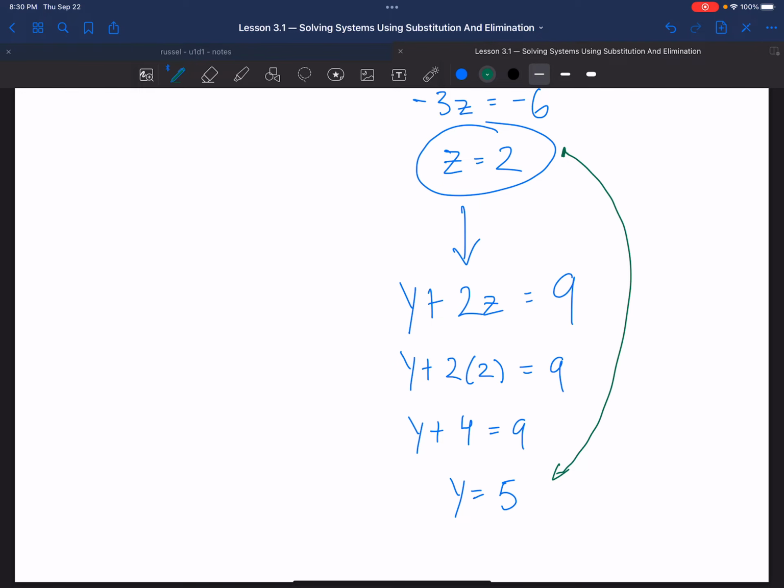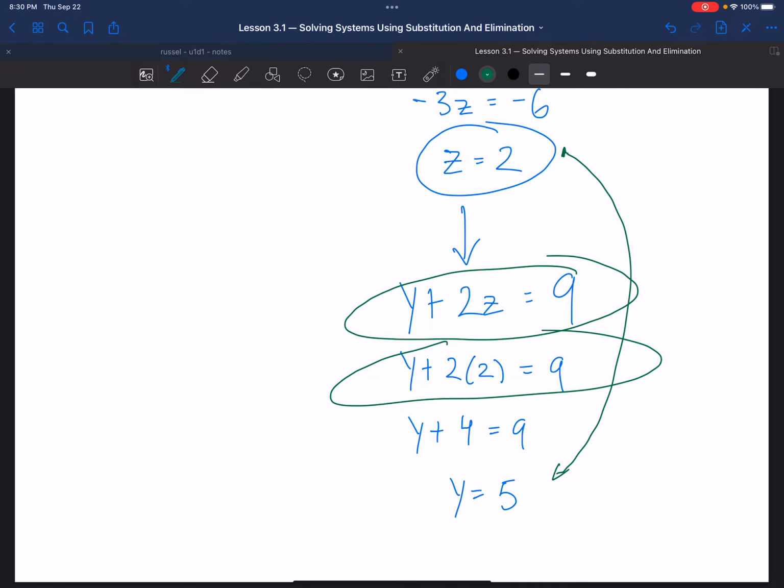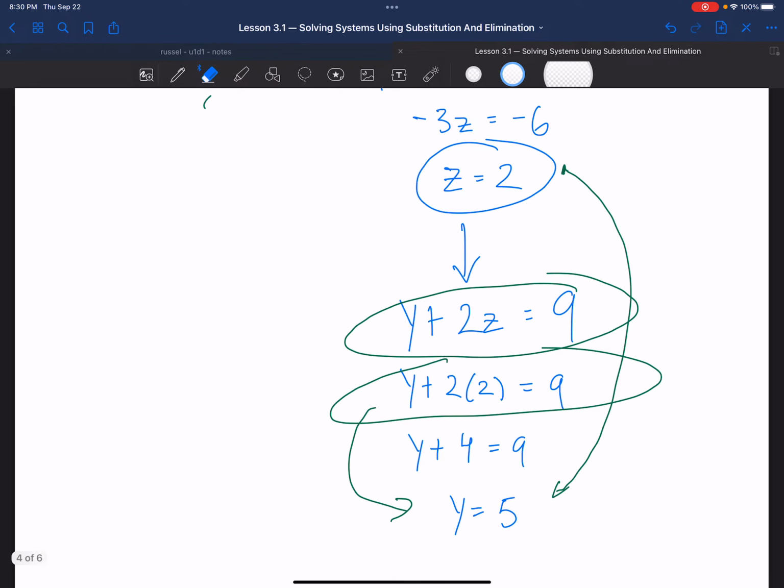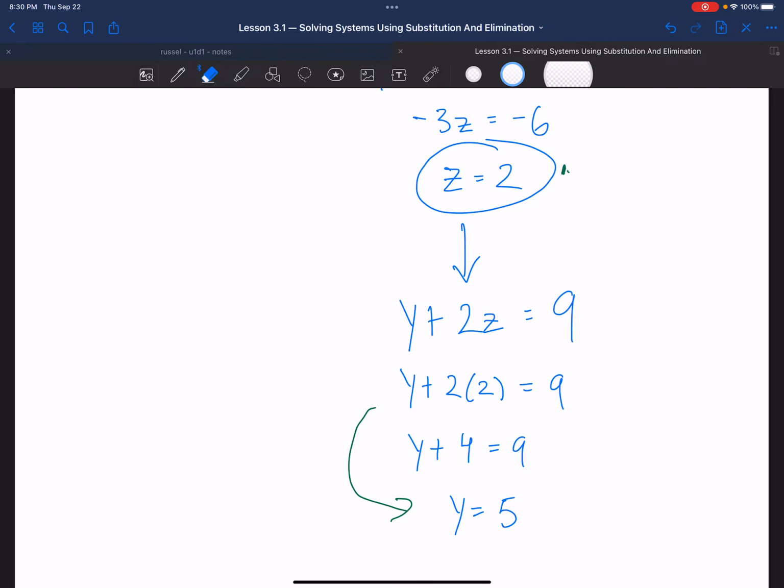I would like to see that you've identified which equation you're going to substitute z in and show that substitution. Now, if from this step you can deduce that y equals 5, hey, that's fair game. But please make it clear, not just to me, but to your reader, whoever's viewing your work. It needs to be clear what you're doing.